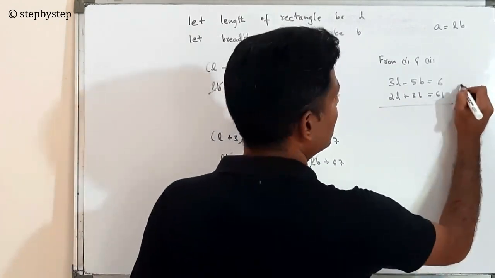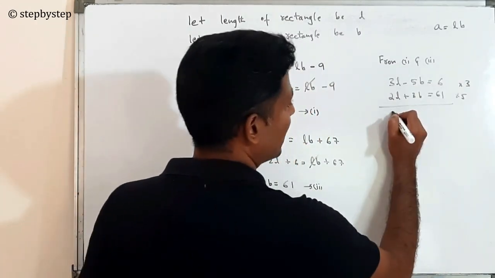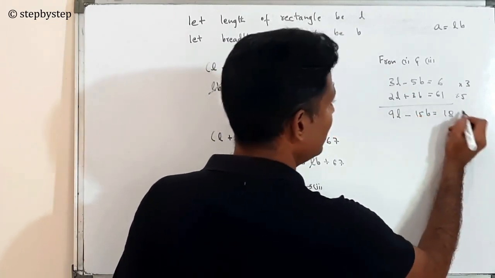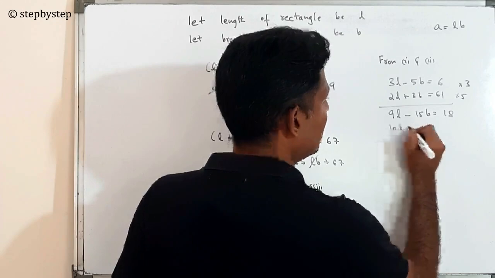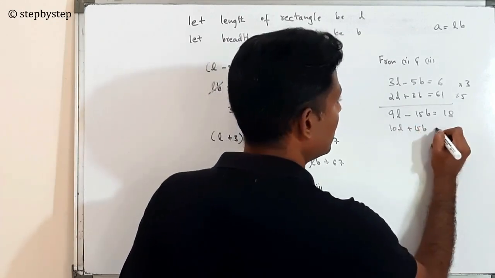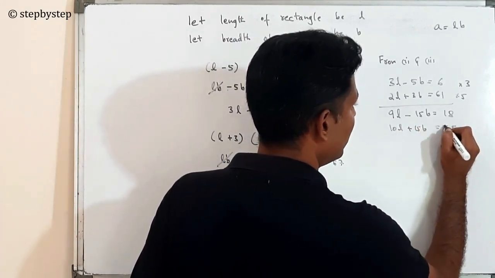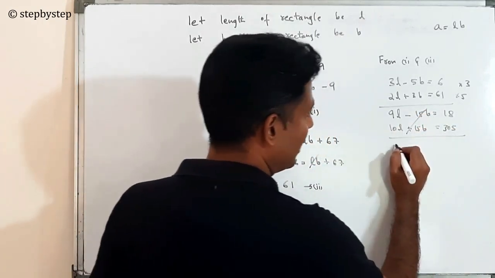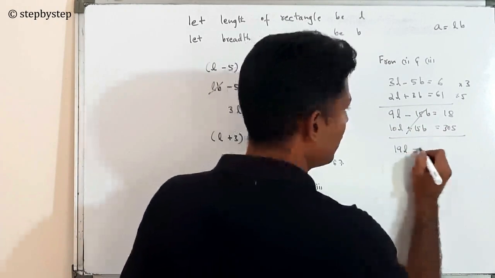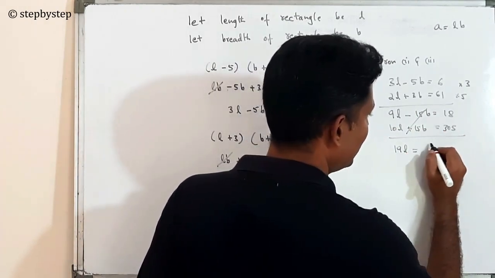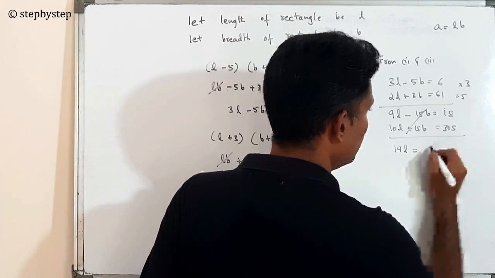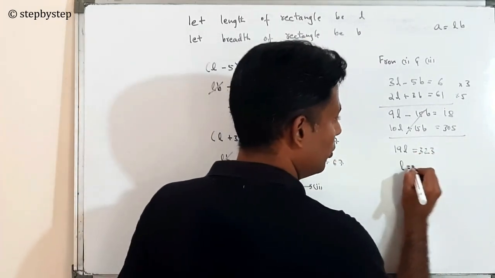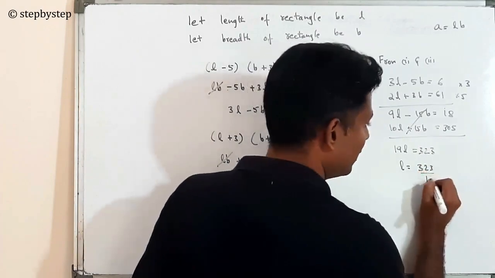Here into 5, here into 3. 3 3s are 9L minus 15B equal to 18 and 10L plus 15B equal to 305. While adding, these two will cancel. I'll get 19L equal to 18 plus 305, that is 323. So L equal to 323 by 19.